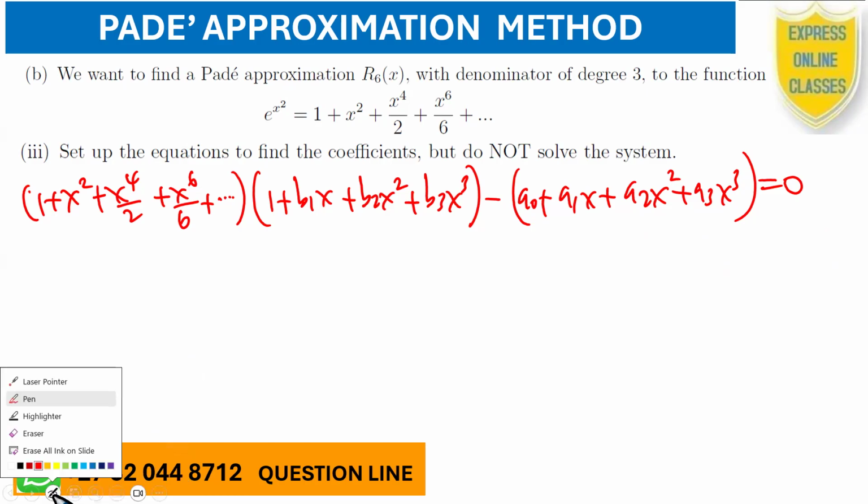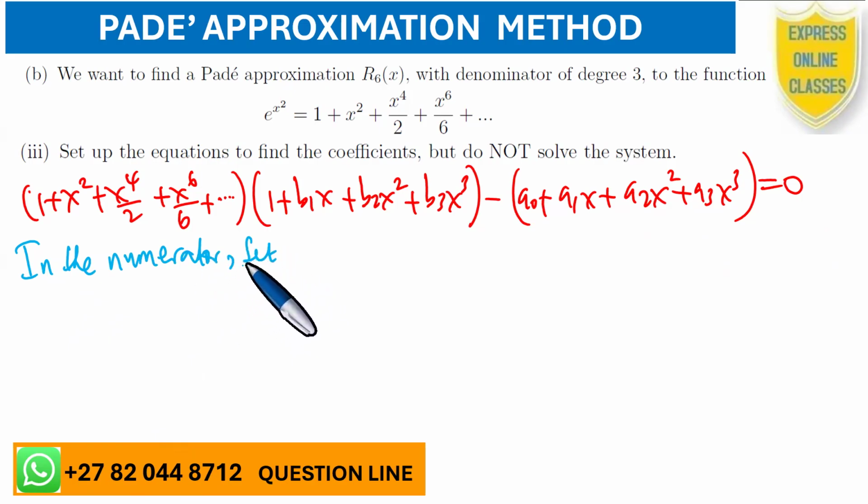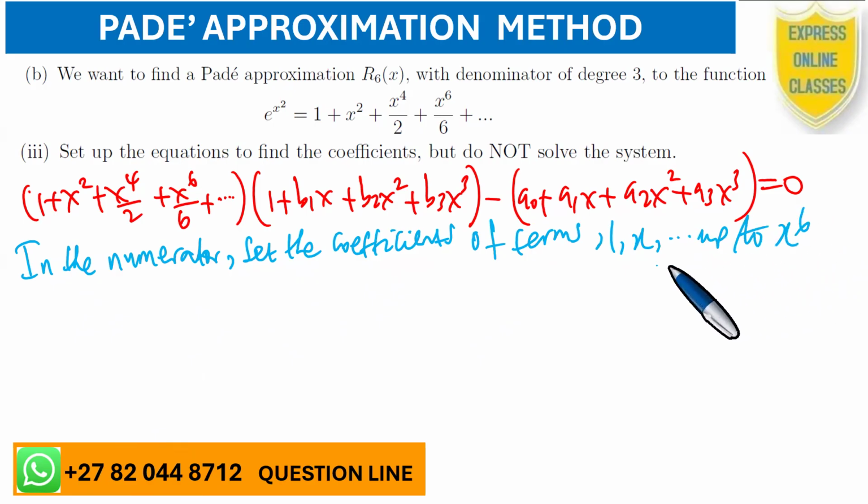In the numerator, set the coefficients of terms 1, x and so on up to x to the sixth power equal to 0.